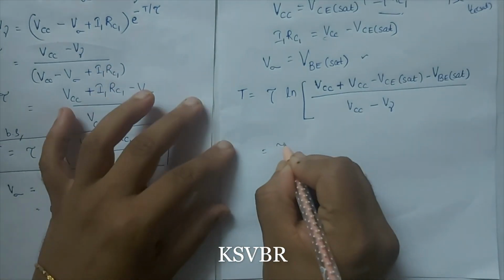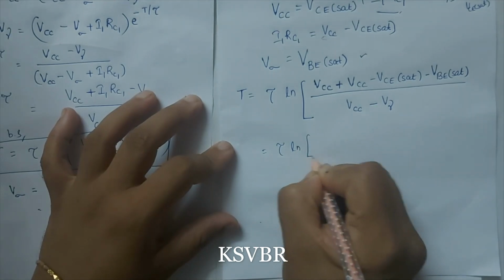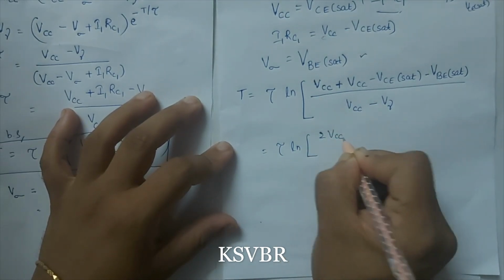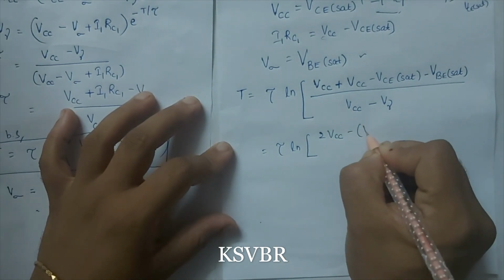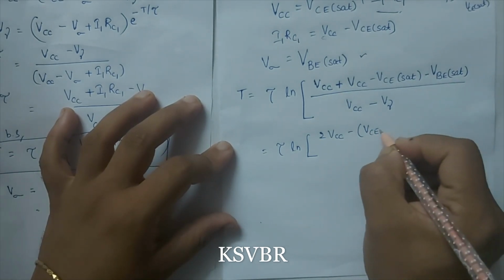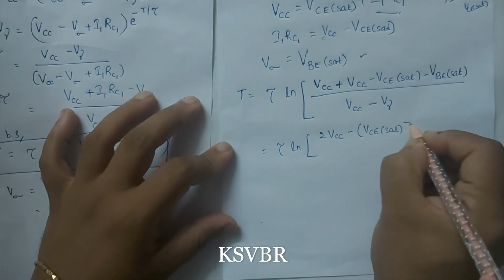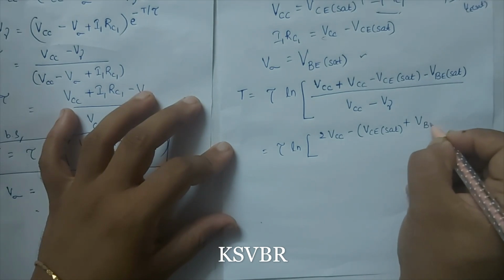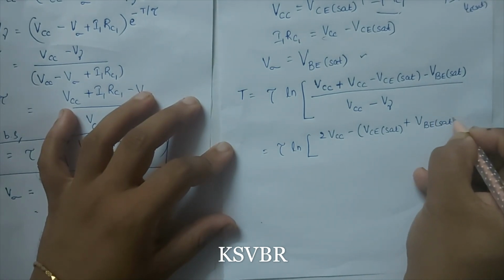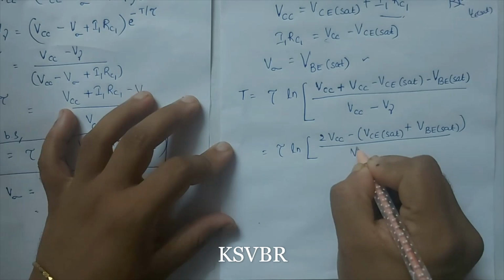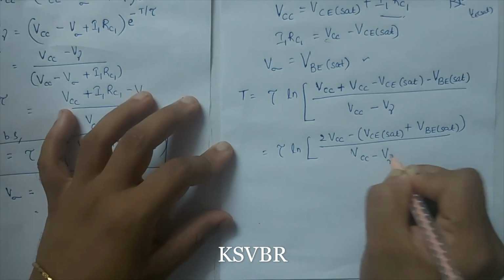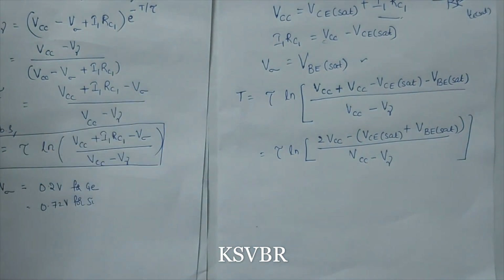That is equal to tau ln of 2 VCC minus VCE saturation plus VBE saturation, divided by VCC minus V gamma. Okay.